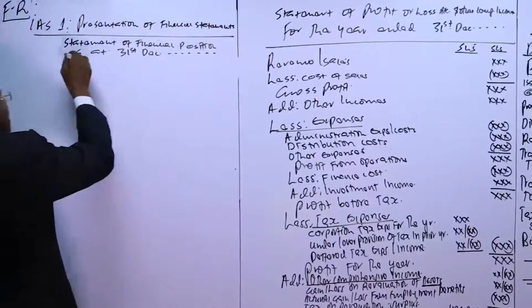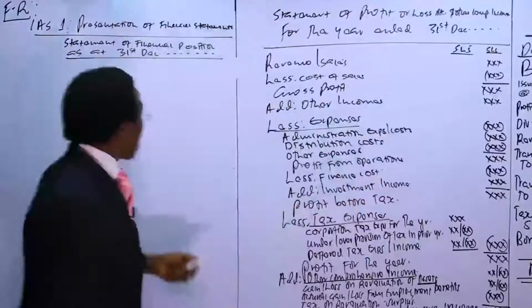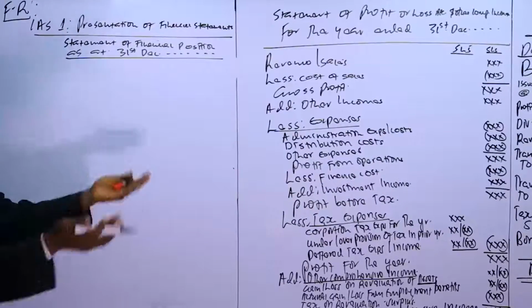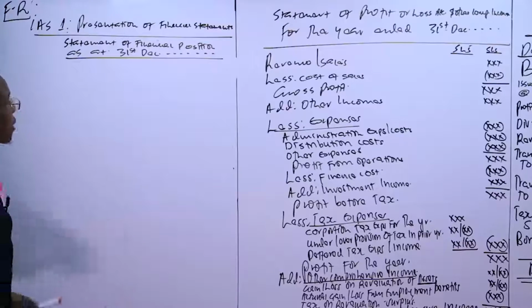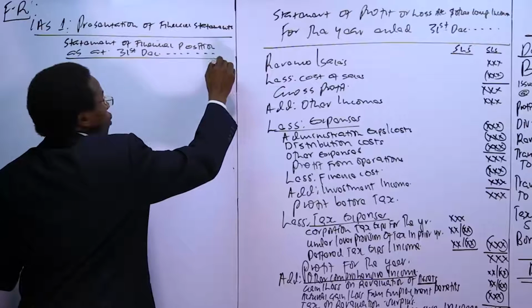Remember, this one is as at. The other one was for the year ended. But this is as at 31st December, maybe 2017, 2018, 2019, and what have you. So we are going to have this column.